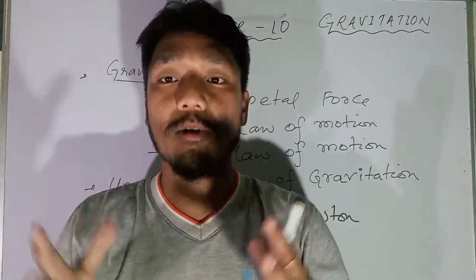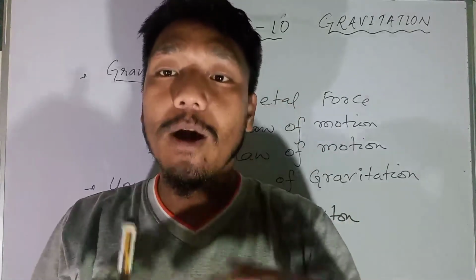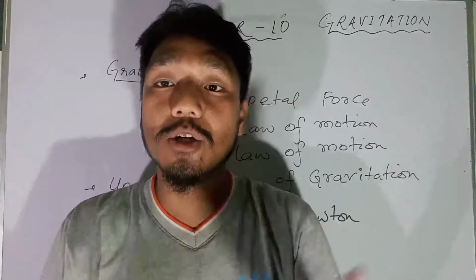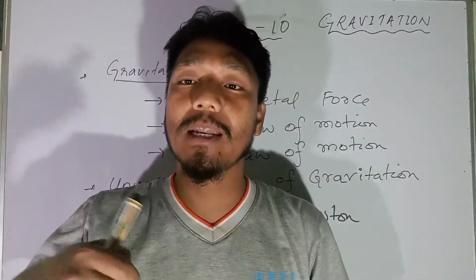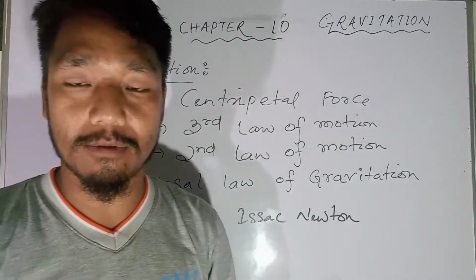But he was an extraordinary person. He wanted to learn new things. He wanted to do research on new things and let the people know. That is why today we are learning about gravitation.